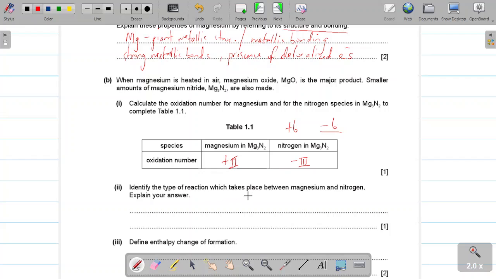Identify the type of reaction which takes place between magnesium and nitrogen. Explain your answer. So this reaction should be obvious as a redox reaction, and the reasoning is because magnesium is losing 2 electrons, whereas nitrogen is gaining electrons.